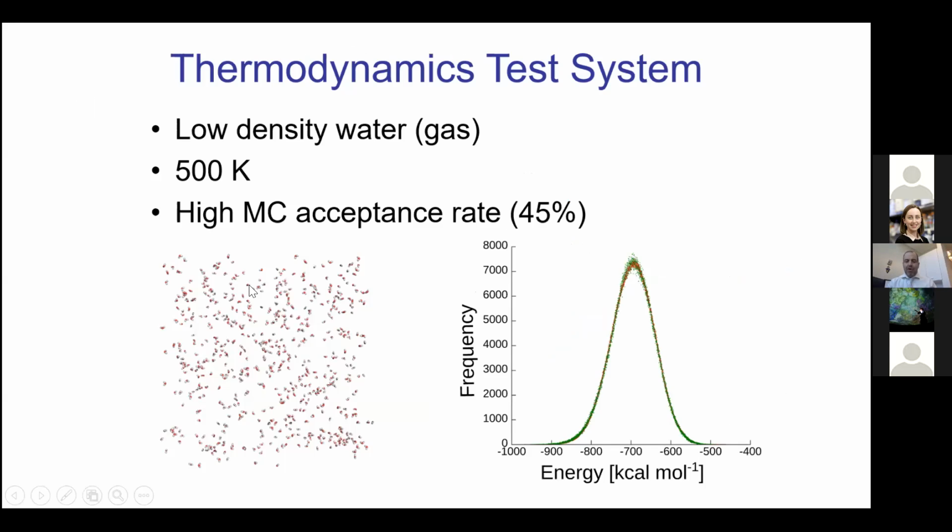In our current system, our acceptance rate is about 45%, which is a lot, which means the MC has a significant impact on the total energy. And what we could see very nicely is that red is the energy of MD, green is MCMD, the averages are the same, the distribution is the same, everything looks good.